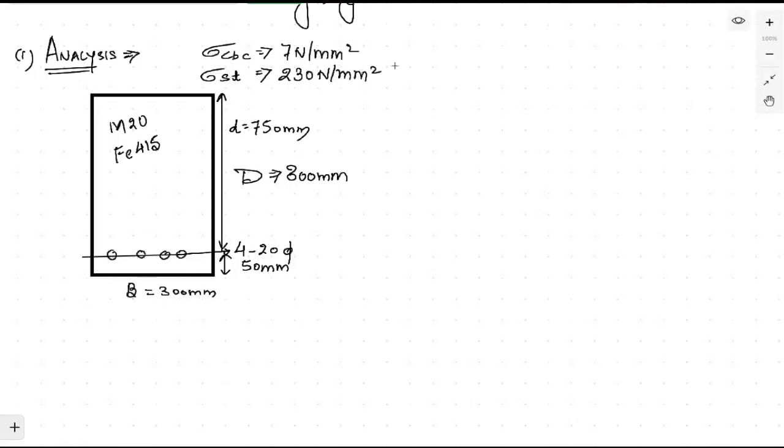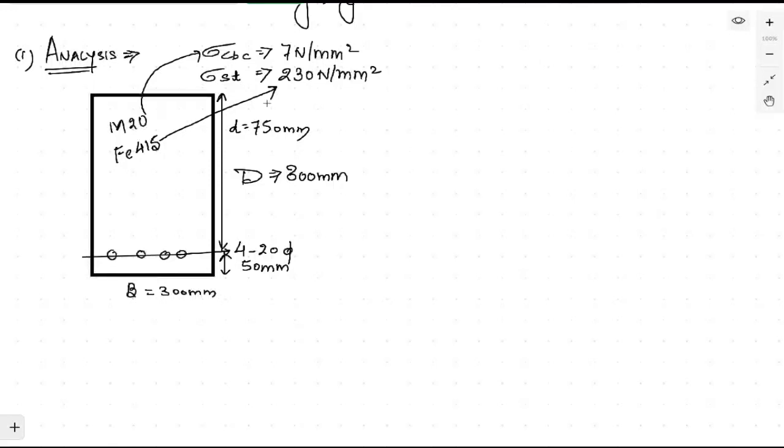For M20, sigma CBC is 7, and for Fe415, sigma ST is 230. These are the things provided to us. Now, in the case of WSM, one thing you have to remember, I'll upload a conceptual lecture also so that you can easily understand what exactly I'm going with.